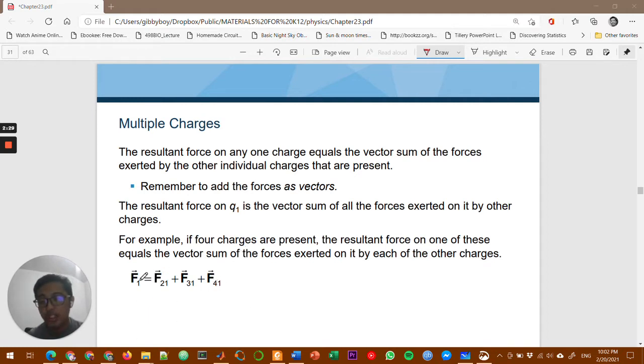So all in all, you have the F sub 1. So that's the total force that is acted onto charge 1 because of the presence of charges 2, 3, and 4.